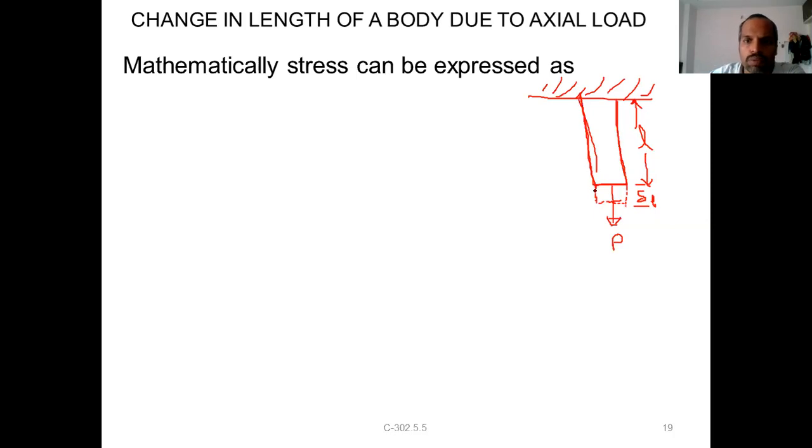Now, from the mathematical equations we have discussed, what is stress?